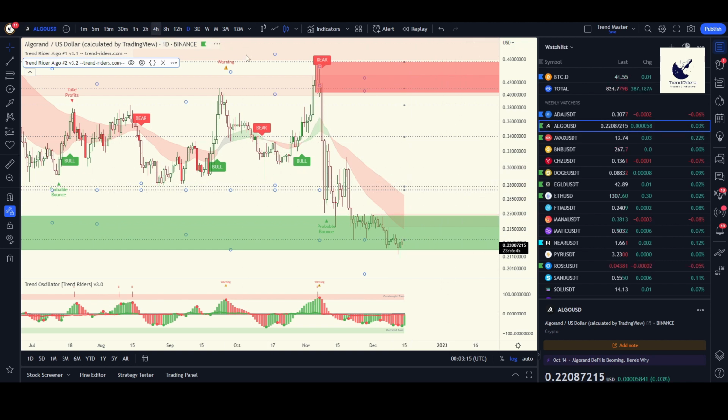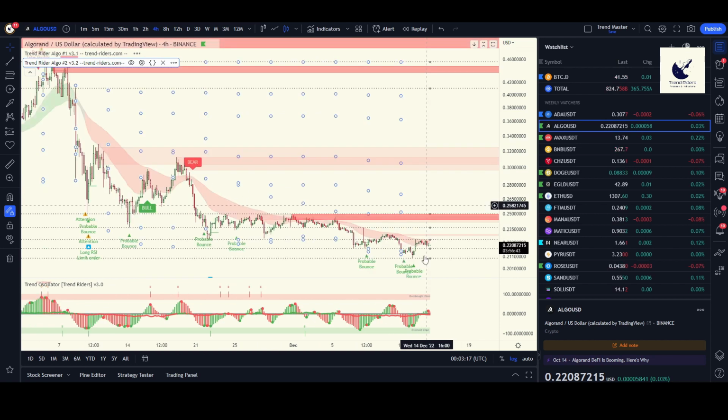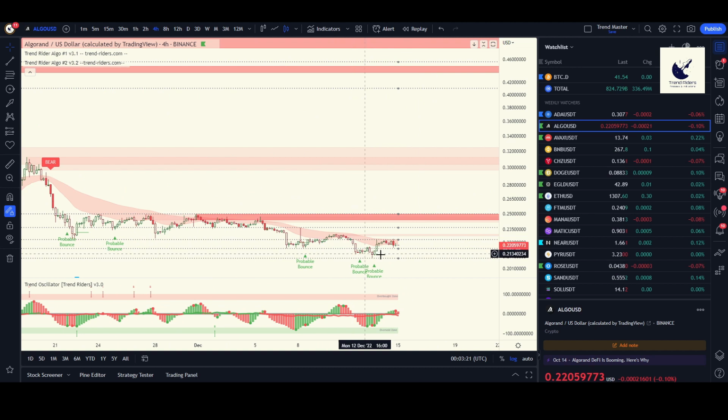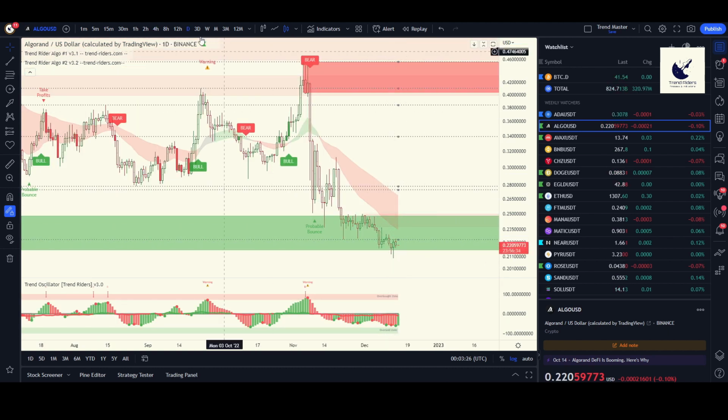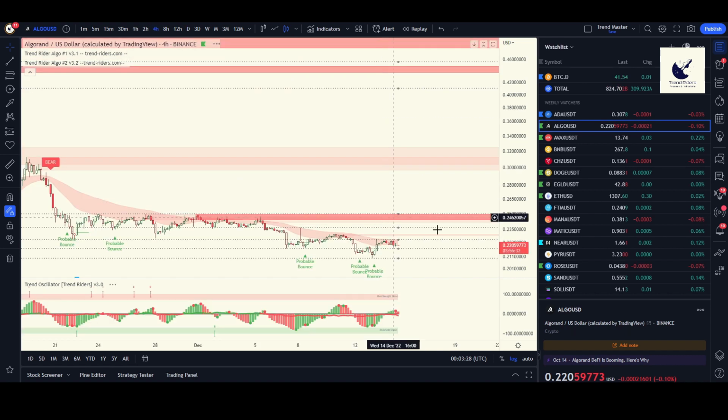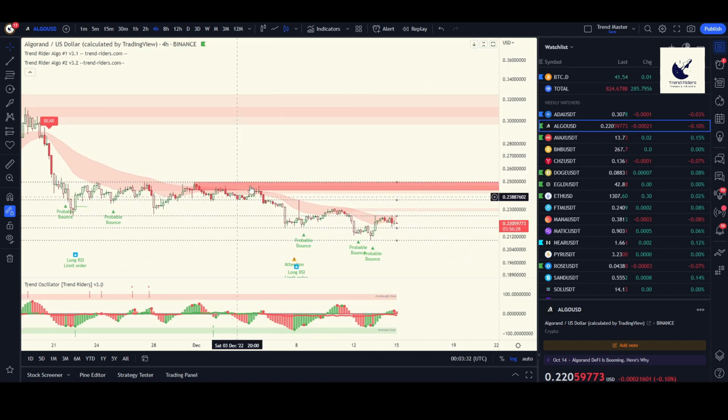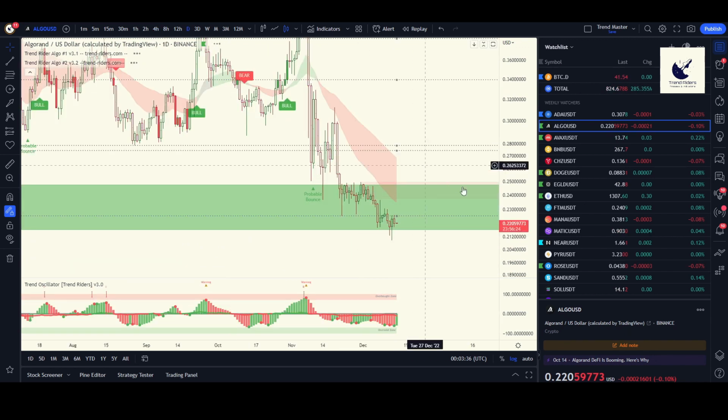Then I probably go to the 4 hour time frame and see if there is convergence. There was, for example, here a probable bounce signal while this was inside the green zone, so that was a really good setup for the long. It already bounced. So that's what I do if I want to enter a lower time frame. I check the convergence theory with higher time frames, then I go to the lower time frames.